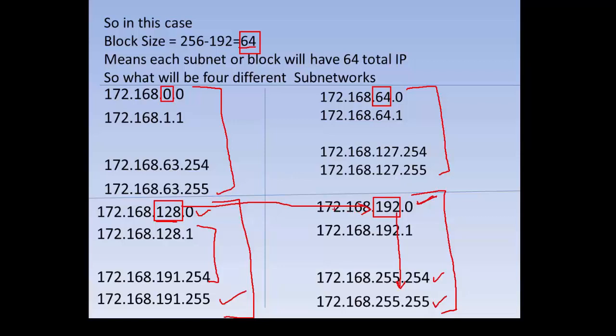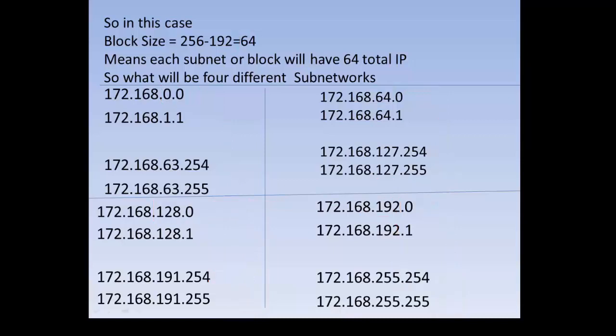So this variation comes under this. Naturally you can see here when this comes 127.255, it is saturated, so it becomes 128.0 for the next network ID, because in this case all the host bits get saturated, so it starts a new network ID. Hope it is also clear to you. Again, if you have any doubt you can write me in the comments. I will try to reply as soon as possible.